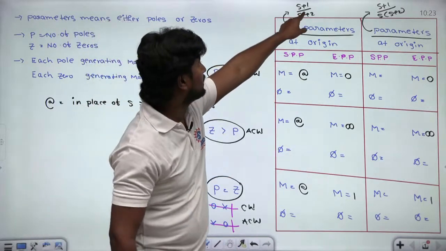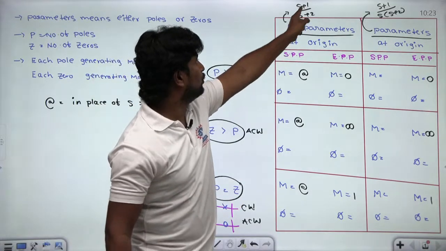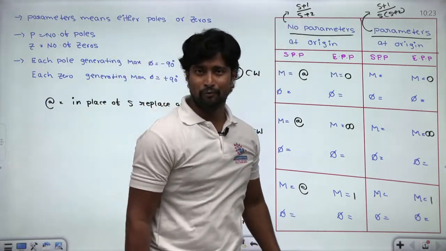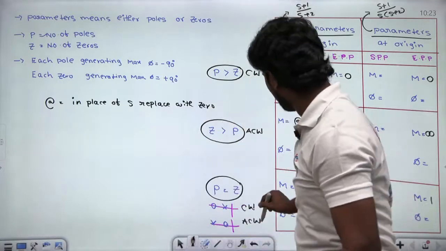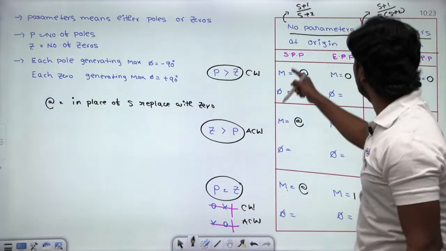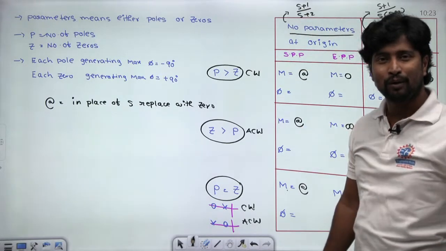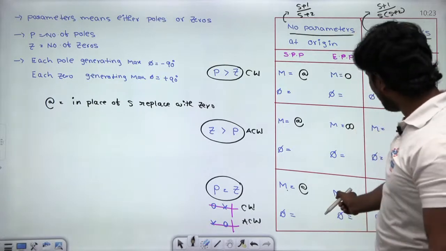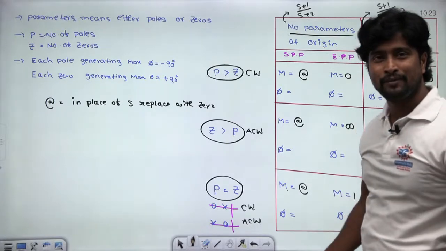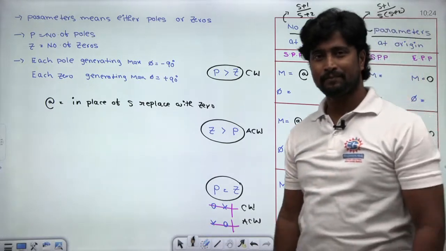For example, what I'm taking is this one: number of poles equals number of zeros, 1 pole and 1 zero. So how to calculate the starting point magnitude? In place of s, replace 0. That's enough. Magnitude equals 1 by 2. The ending point magnitude is always fixed. How much? 1. So I hope you understood how to fill these 3 positions.